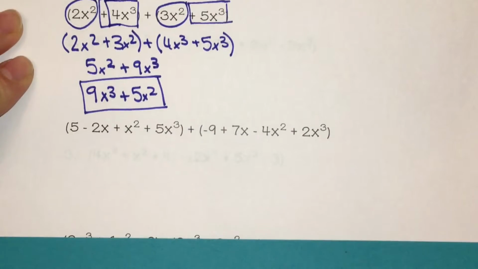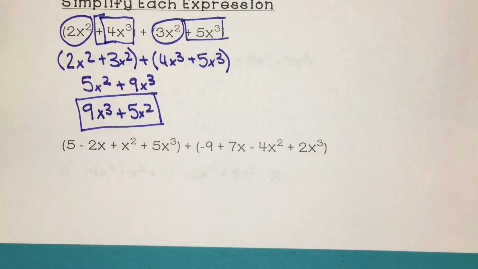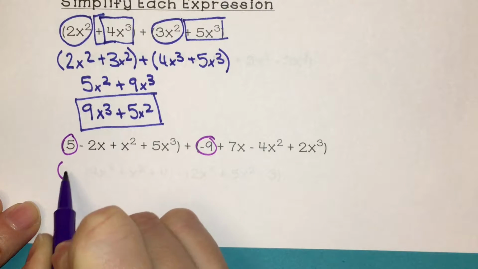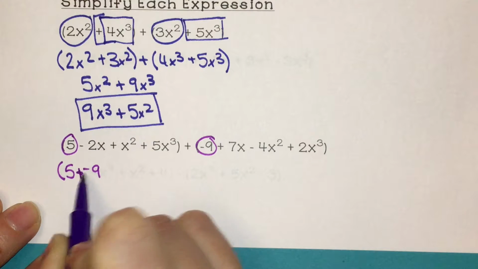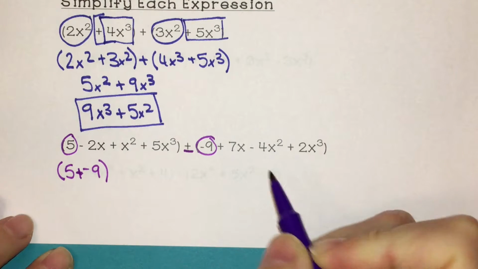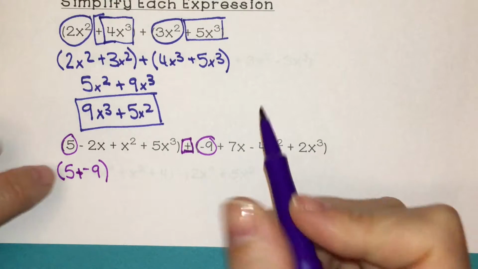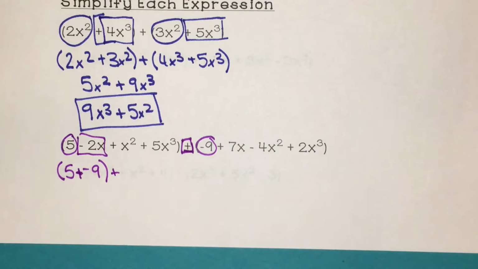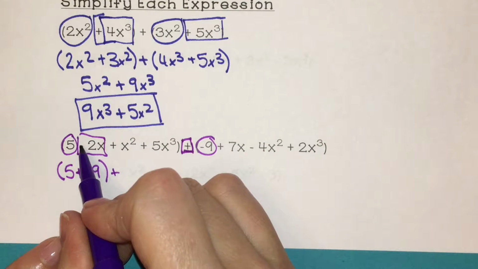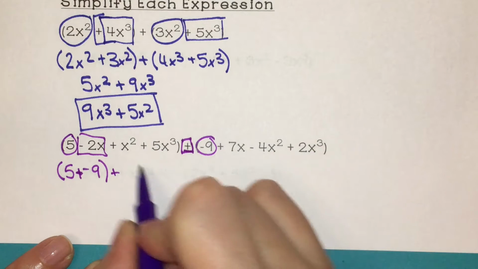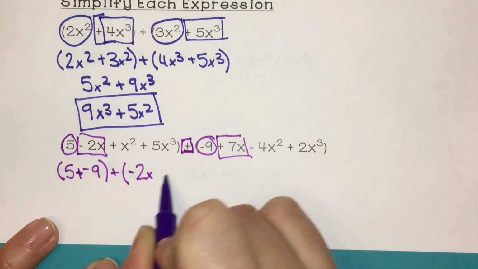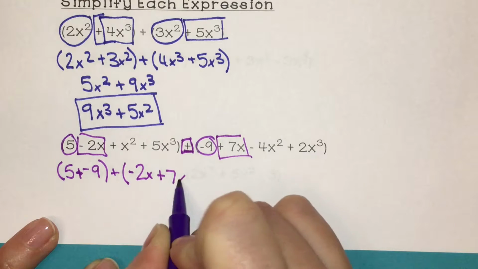So we're just going to try another one that's a little more complex. We have to make sure we're looking at the like terms. Here we have a 5 plus negative 9. Again, I have to pay attention to the operation between. Here I have a negative 2x, and I'm going to put plus in between because you're adding together these terms. Even if there's a negative, I can put plus negative 2x. So plus negative 2x, and here we have a positive 7x.